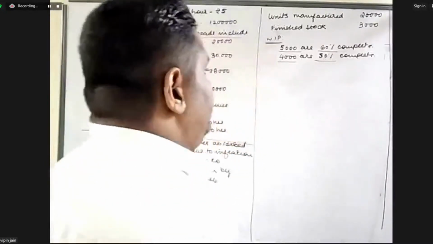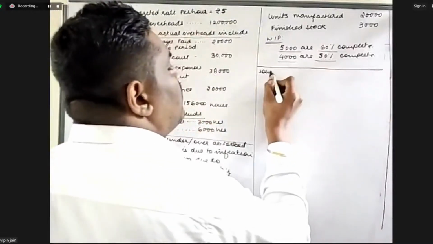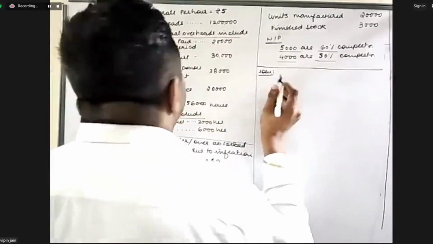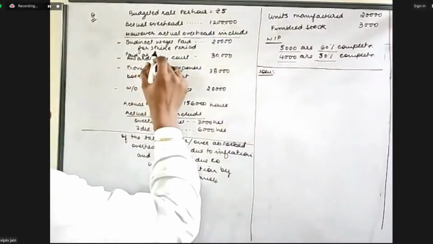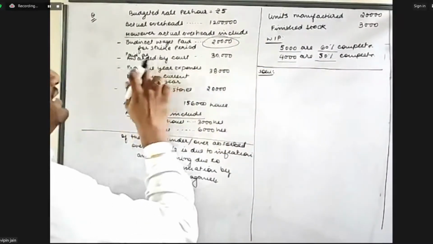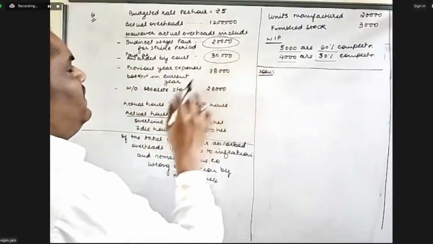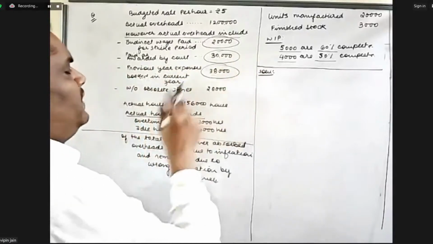So let's start, guys. When talking about actual overhead, it includes indirect wages paid for the strike period, so it will be deducted. Paid as awarded by the code, it will be deducted. Previous year expenses booked in the current year will also be deducted.